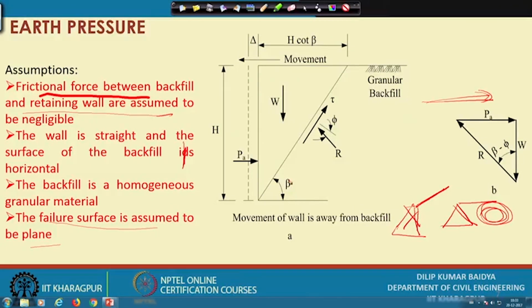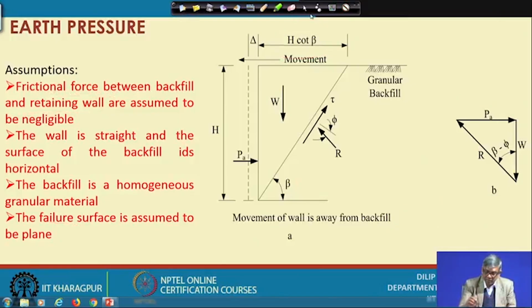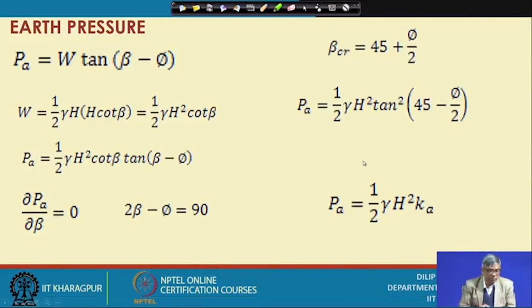So, initially we have taken a beta value, any value, and if it is beta, then this one is H cot beta, this is W, this is P_A, and these are all shown, and this is the force polygon.